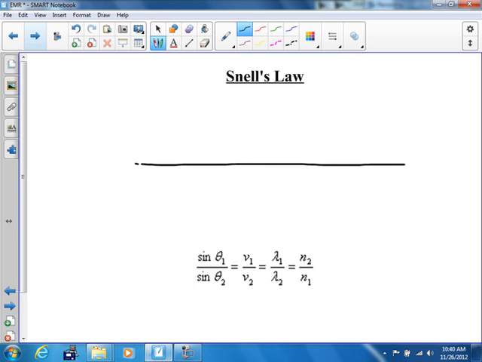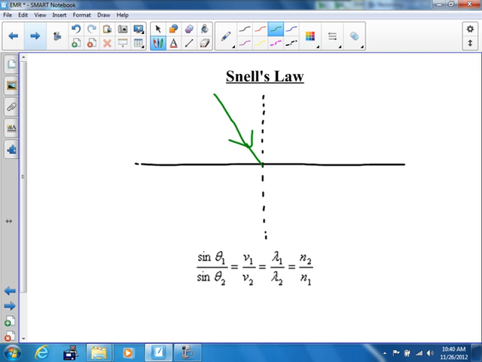Here's our boundary between the two materials. And here's a normal line that we're going to draw at 90 degrees, right? Normal in physics means 90 degrees. So a normal line is going to be drawn at 90 degrees to the boundary. Here's our ray of light that's striking the boundary.